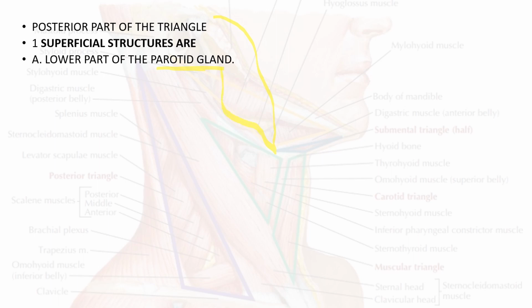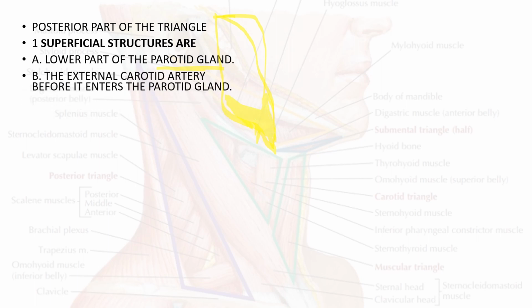Parotid gland की apex toward the neck होती है. So the apex of the parotid gland is present in this triangle posteriorly. अगर मैं इस triangle की बात करूं, again in the diagram, this is the triangle.